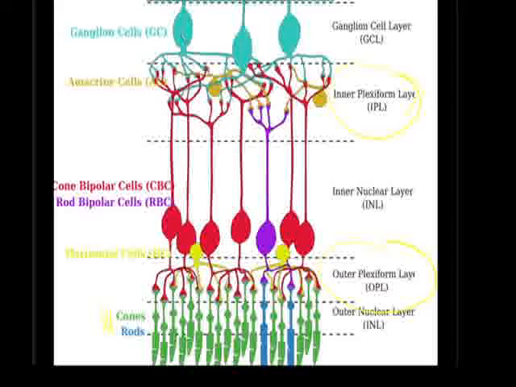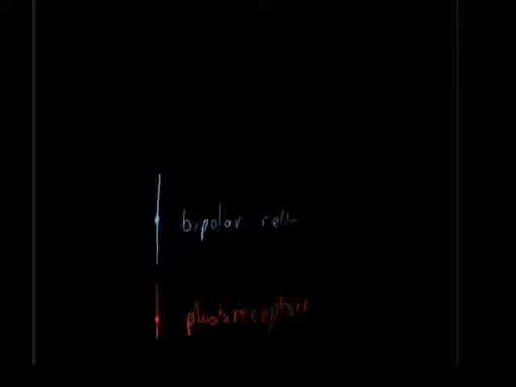So I'm going to simplify that with a little diagram. So we start with our photoreceptors. Then we have the bipolar cells. And they feed into the retinal ganglion cells.